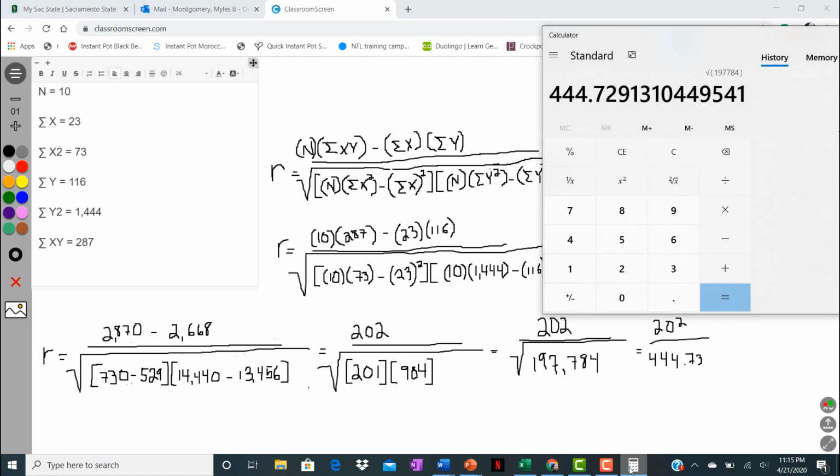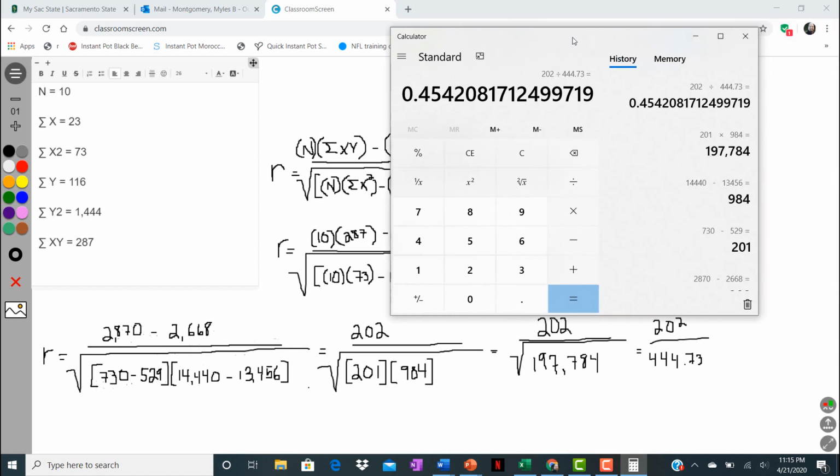Let's see. Yep, there it is. Okay, so here we go. This will give us the final .73. Okay, there you have it. 0.45. That's going to be it.